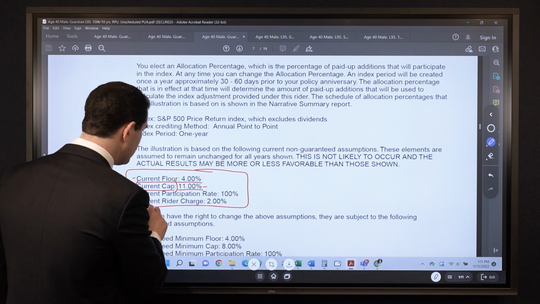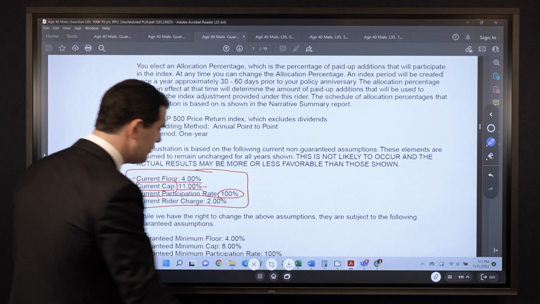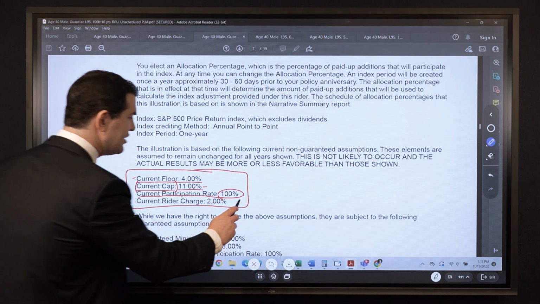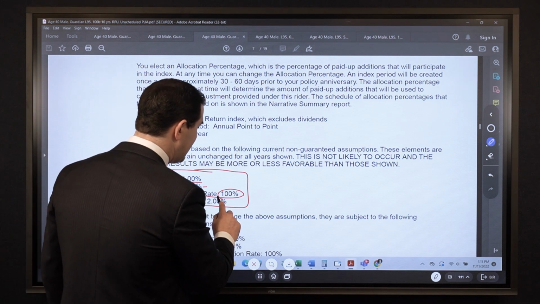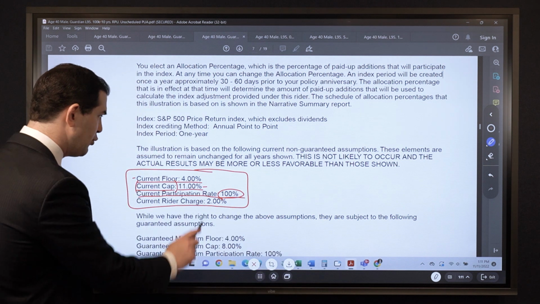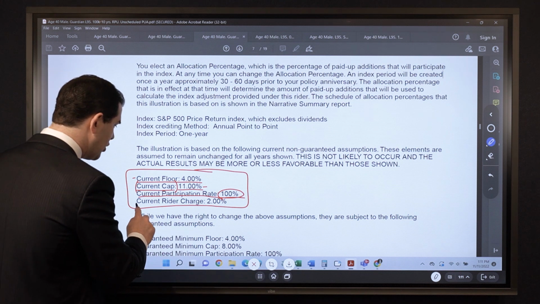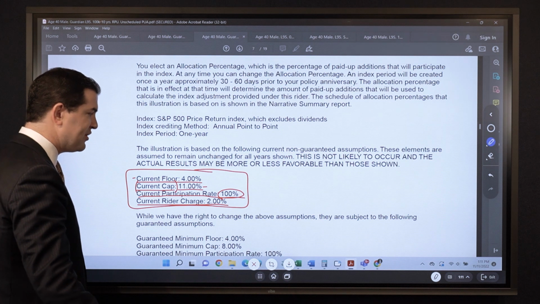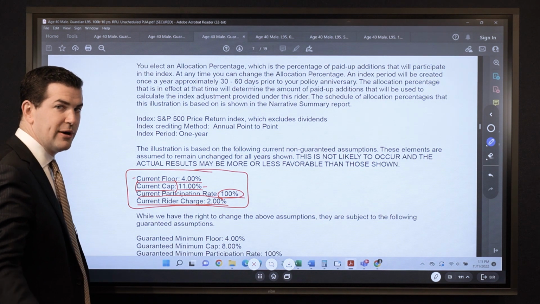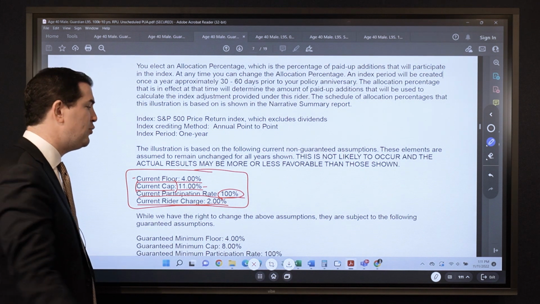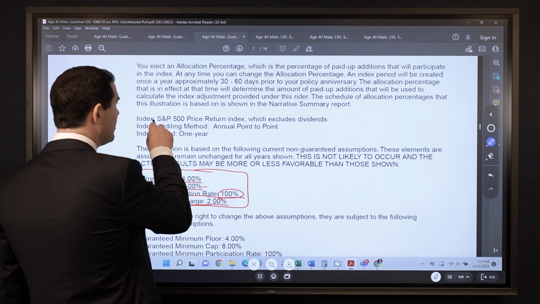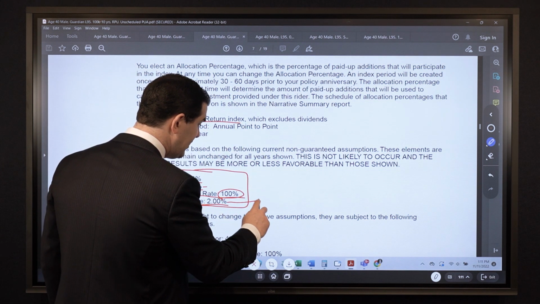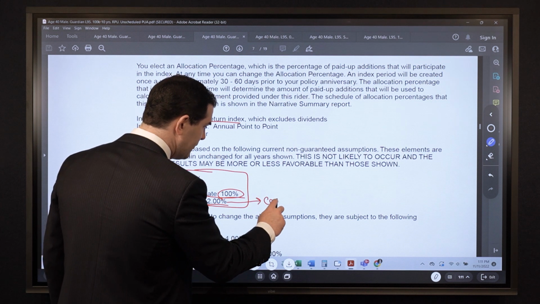Current participation rate. In this example, we've got 100%. What's important to note about this is we can adjust it as the years pass. It does not have to be all or nothing. We'll look at a couple of examples there. And then current rider charge, 2%. So if we decide to use this rider, we want to turn it on and have our cash value tied to the S&P 500 index, not to the basic dividend, then there will be a 2% fee assessed to our cash value.